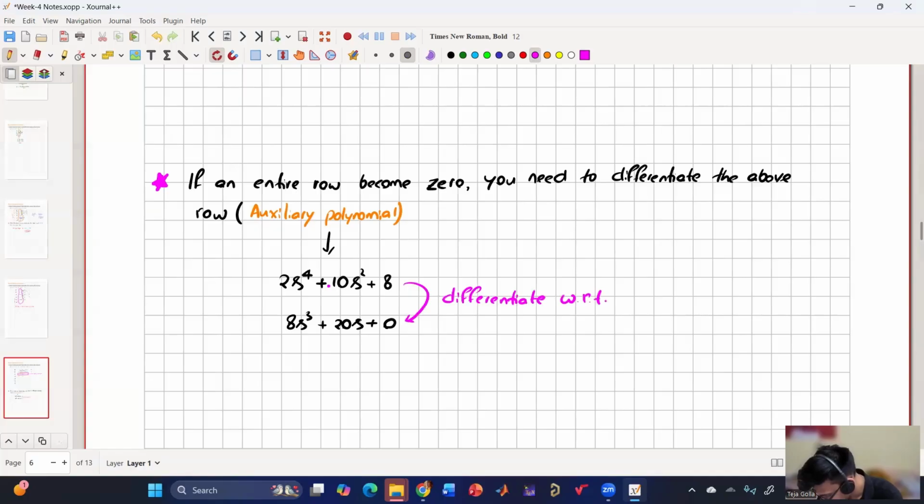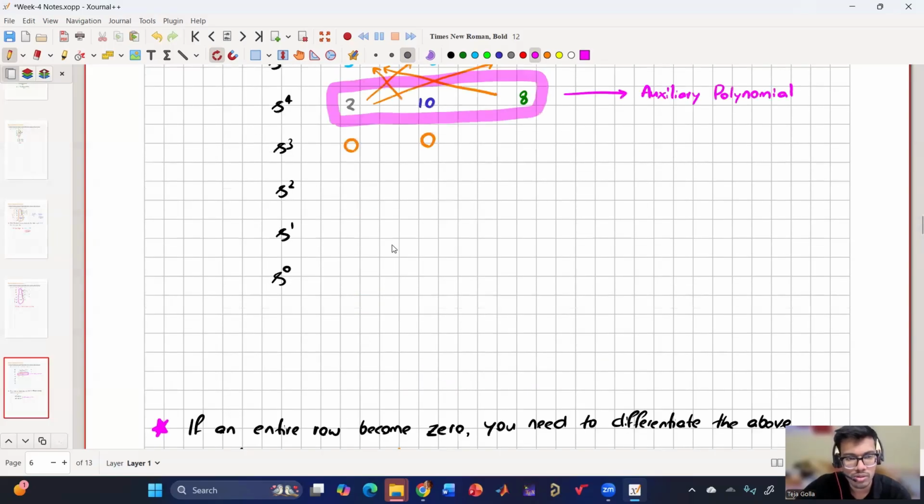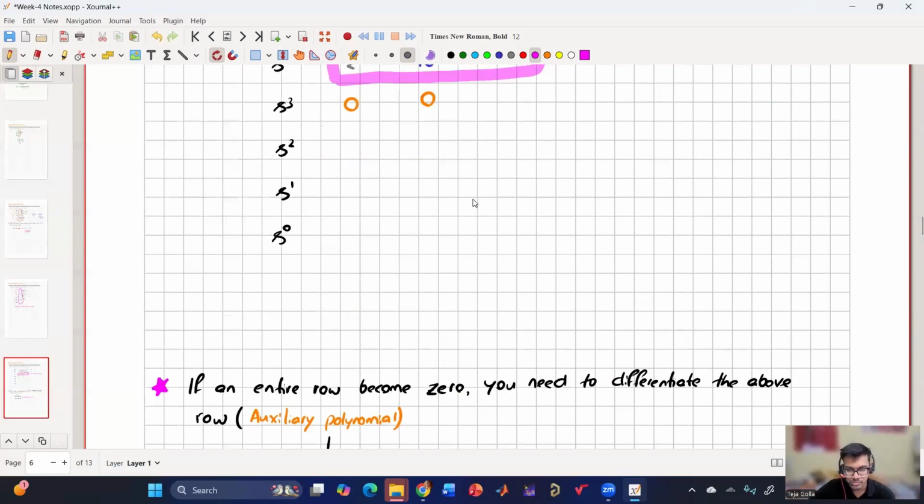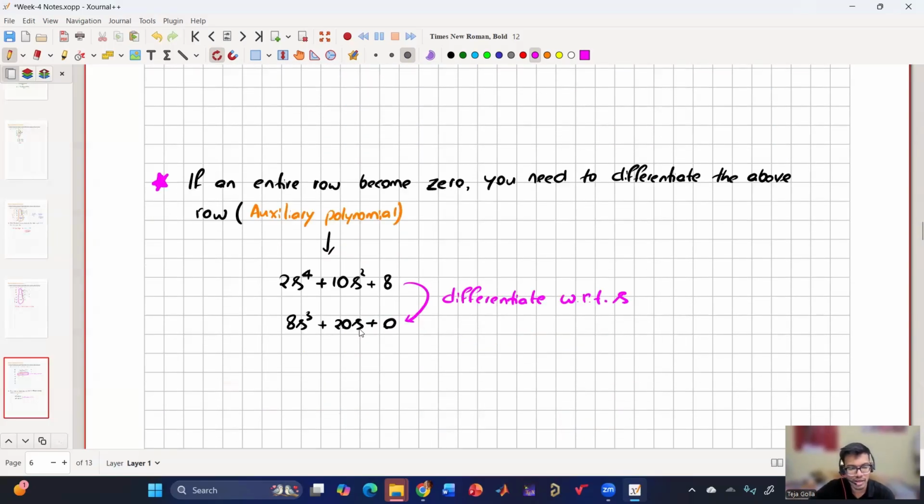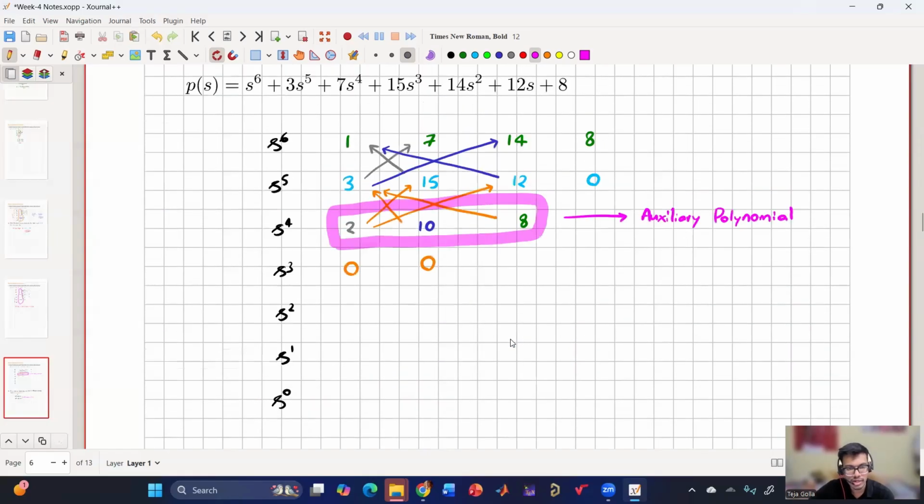So we have differentiated with respect to s to get the lower order polynomial. Now this will be used as this row, and then we'll proceed with the Routh Hurwitz criterion. So we got 8, 20, and 0. So let us replace it: 8, 20, and then 0, since we have differentiated d by ds to get this.